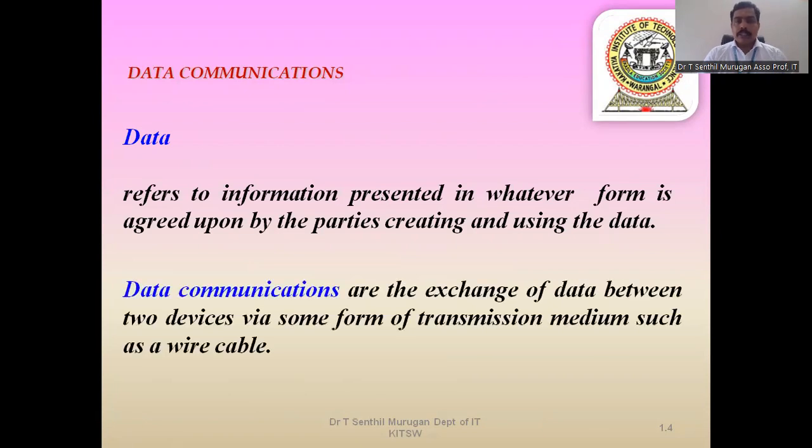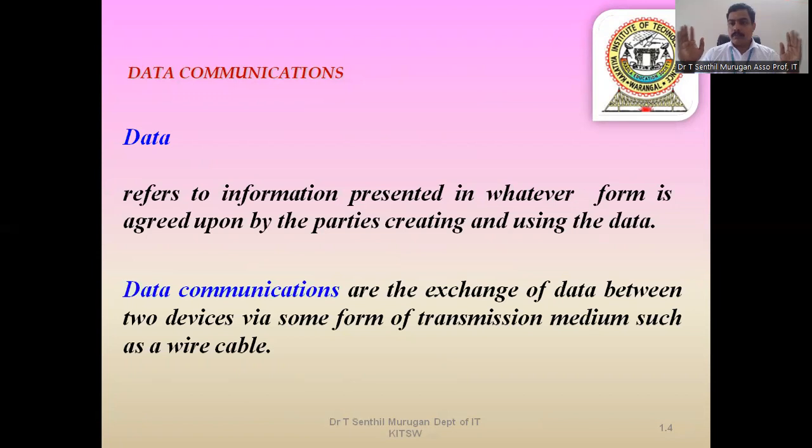What is data communication? Data communication is the exchange of data between two devices via some transmission medium. Both devices are communication devices. What is a communication device? A device capable of transmitting and receiving information is called a communication device.